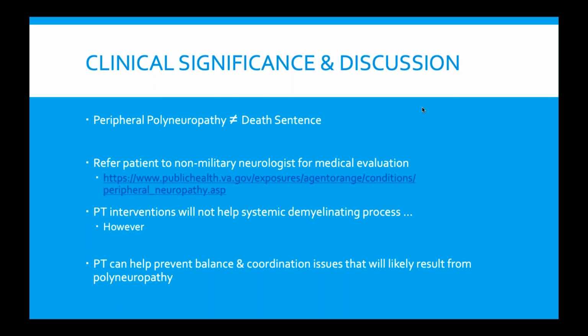We want to prescribe exercises that can improve his balance, because even though it's a demyelinating neuropathy, he's probably going to develop, if left unresolved, balance issues because of the decreasing sensation that he has in his legs.